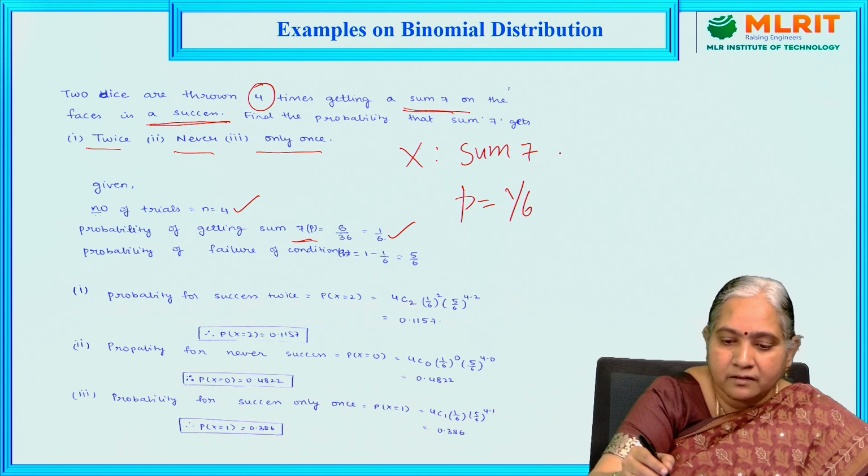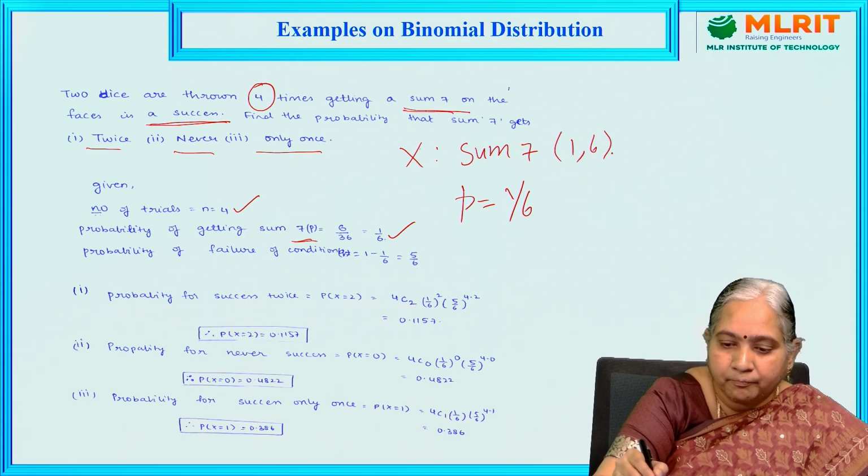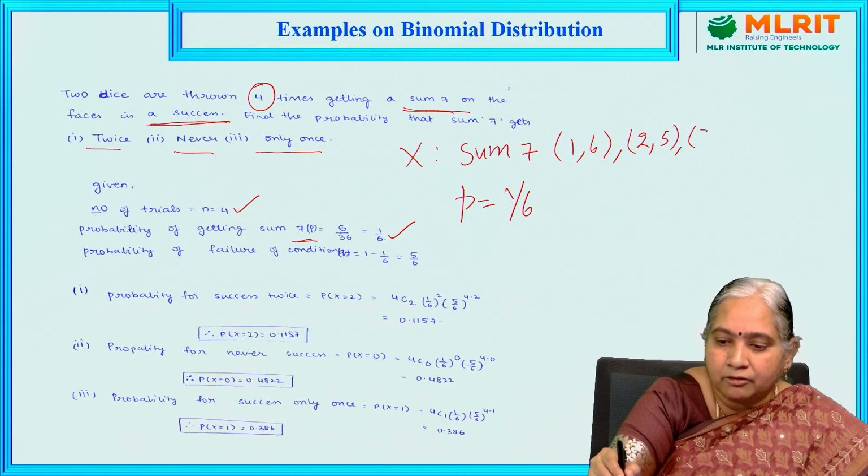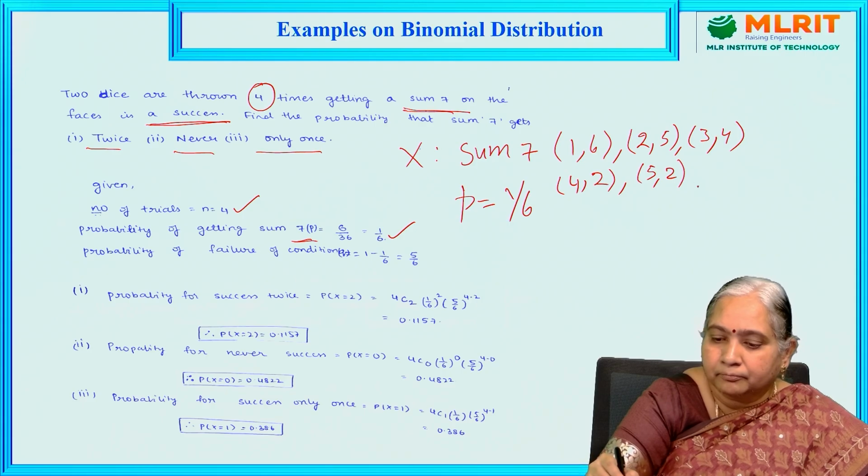Sum 7 means we write them as 1 comma 6, 2 comma 5, 3 comma 4, 4 comma 3, 5 comma 2, 6 comma 1.